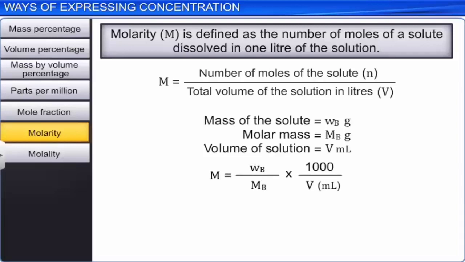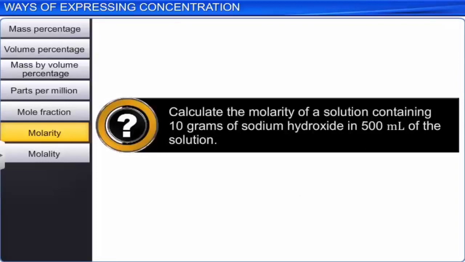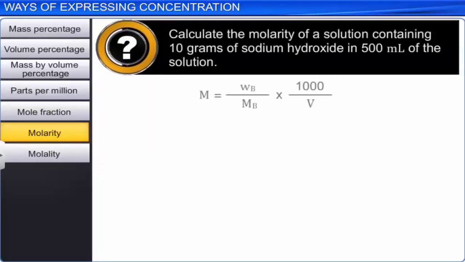Now let us solve a numerical problem on molarity. Calculate the molarity of a solution containing 10 grams of sodium hydroxide in 500 ml of the solution. The first step is to write the formula for molarity. Then, list the given variables.